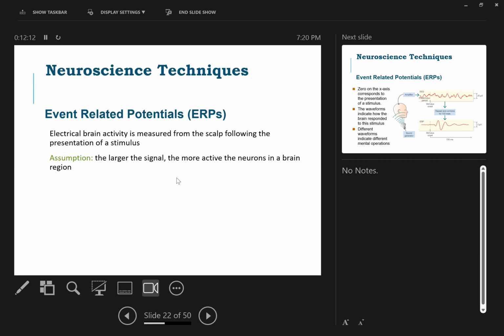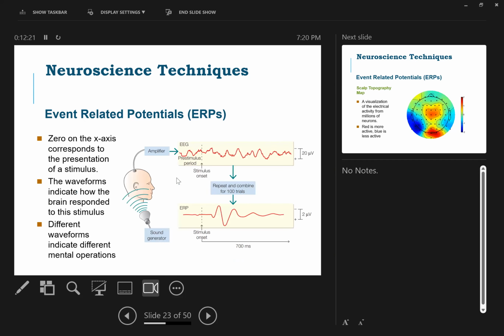It really builds on the assumption that you have a lot of neurons active together for the signal to be picked up. The signal itself is EEG. You may have heard that. It's electroencephalography.